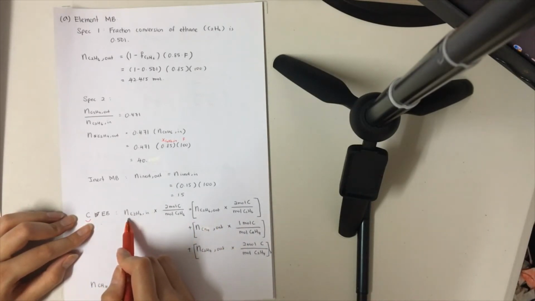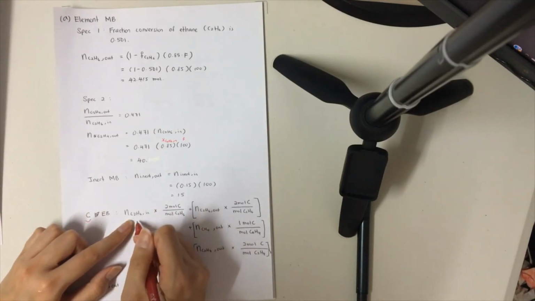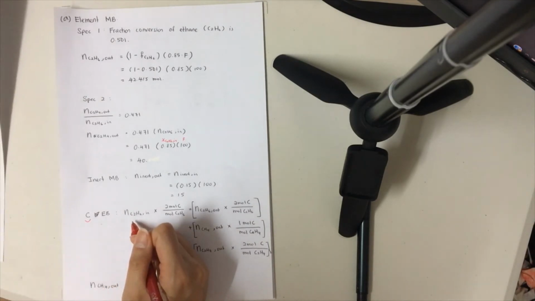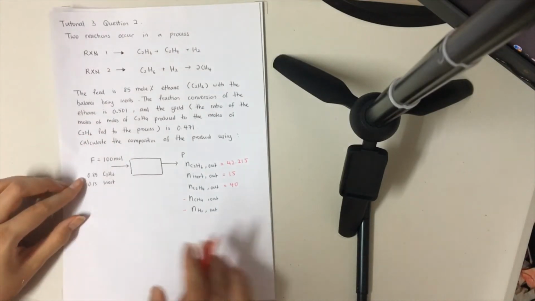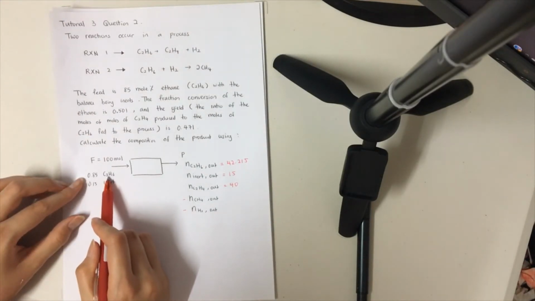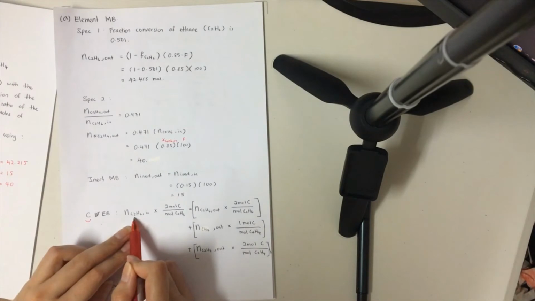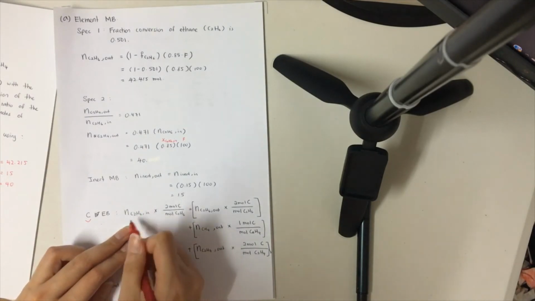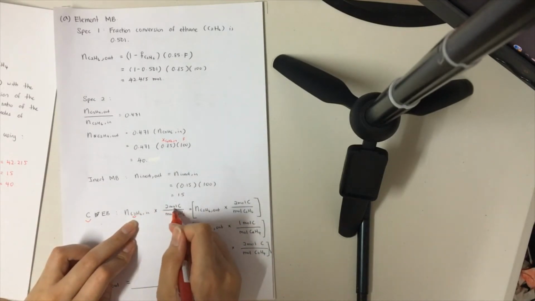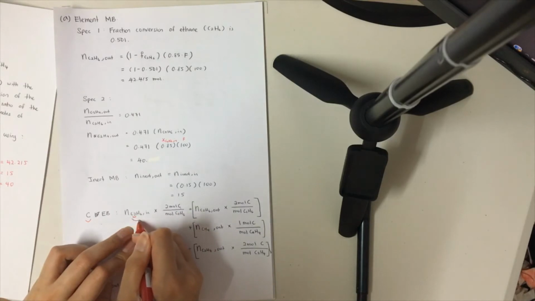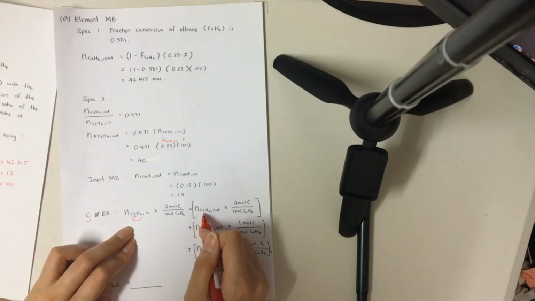So the component in the feed that has C is C2H6. We have the number of moles of C2H6 going in, and in 1 mole of C2H6 we have 2 moles of carbon, equal to the carbon coming out.